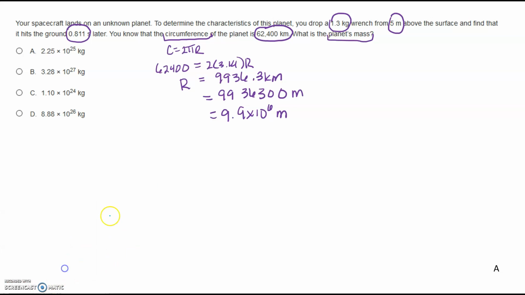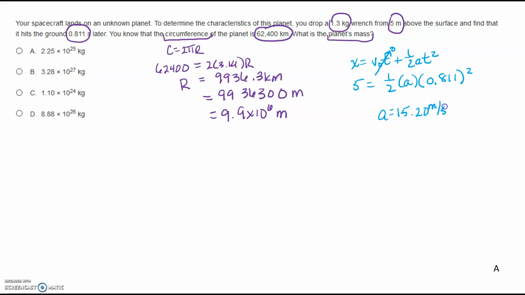I don't know if that's going to be helpful. We'll see. And then I solved for the acceleration of gravity using one of our kinematic equations. So we have x is equal to v0 t plus 1/2 a t squared. I'm assuming that v0 is 0. So this is going to be 5 equals 1/2 times a, and I'm solving for a. My time is this. So if I scratch all of this out, I get a equal to 15.20 meters per second squared.